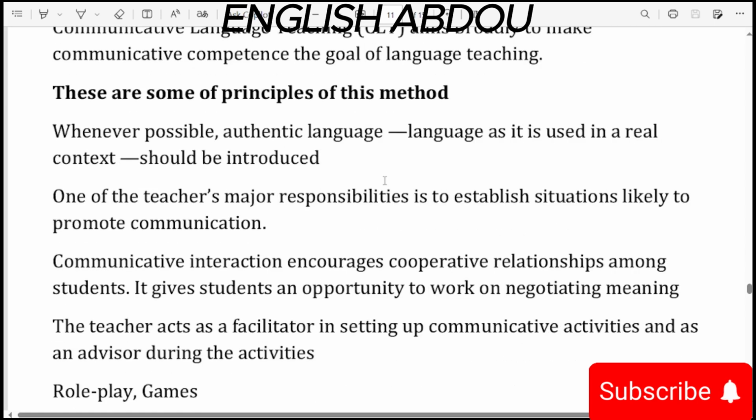So the teacher in general, inside class, gives situations while teaching the language. It means he puts students in real situations, like he might give students the roles of a receptionist in a hotel and a visitor. The receptionist will say, hello sir, how are you today, how can I help you?